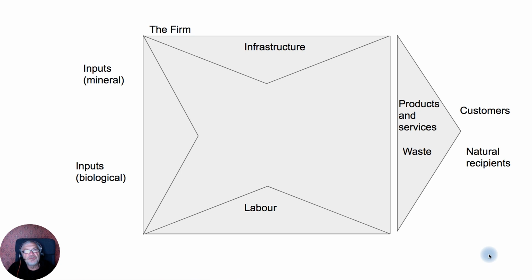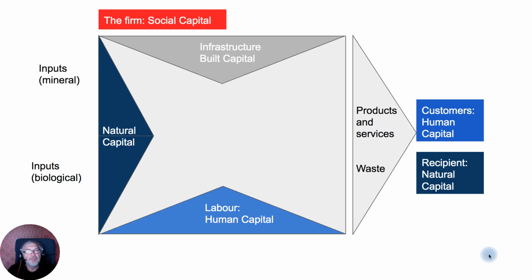Now, firms are impacting capital. Let's have a look at this. We can look at this directly because a firm is actually part of our social capital. Now, the inputs are natural capital, the mineral natural capital, or the capital coming from ecosystems. The infrastructure is, by definition, built capital.